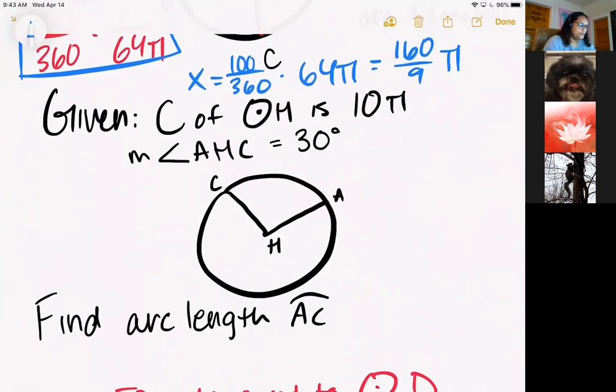So next problem, we are given that, well, this should say circumference. Circumference of circle H is 10 pi. The measure of angle AHC is 30 degrees. Find the arc length AC.